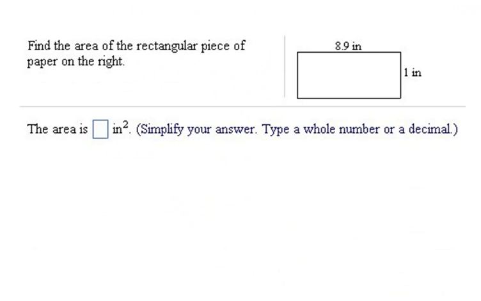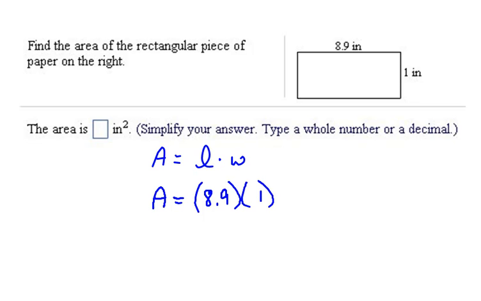Let's do one more. Here we have the area of a rectangular piece of paper. So this paper is 8.9 inches this way and 1 inch this way. To find area, we always have to multiply the length times the width. And in this case, they've given us the length and the width. So the area here will be 8.9 times 1.